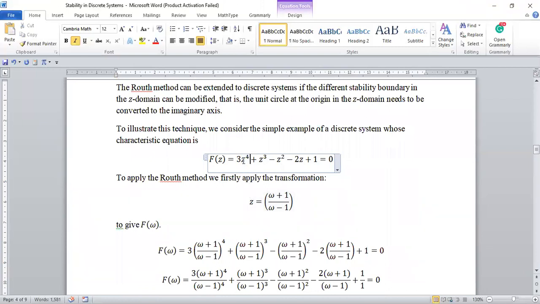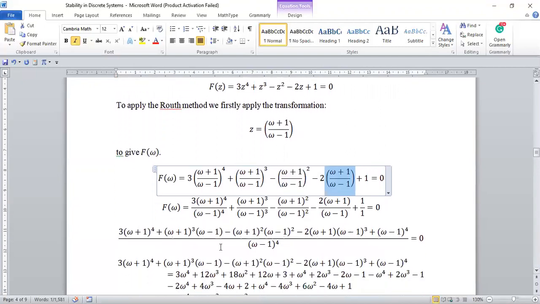So in place of Z, we are going to apply this transformation. We're going to use this. So here, in place of Z, then in place of Z here. Then we are going to expand the equation. We arrive at this. So this and this are just the same thing. It's just that we separated out the numerator from the denominator.